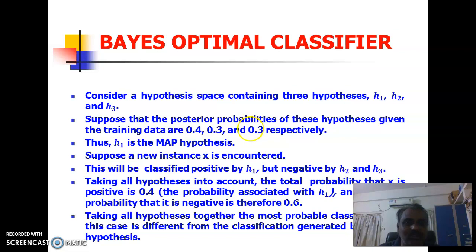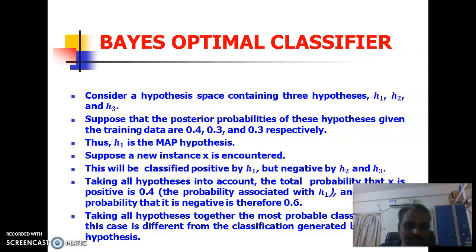Now let's say a new instance X is encountered. It will be classified positive by H1 but negative by H2 and H3. Taking all hypotheses into account, the total probability that X is positive is 0.4, the probability associated with H1.